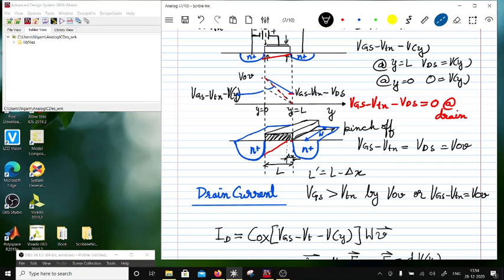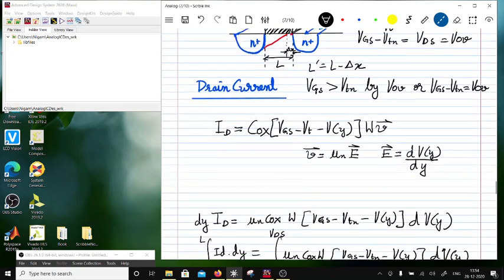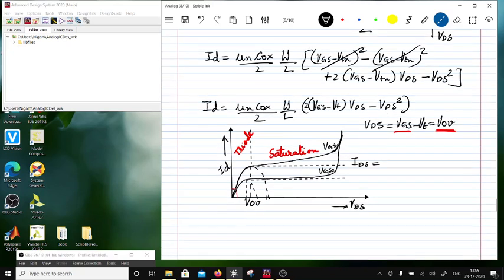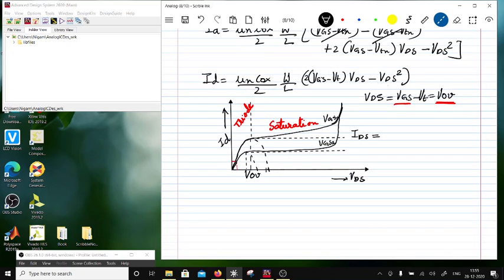First of all, the channel with a smaller VGS is going to be less deep, and if the channel is less deep, then delta X is going to be less. Because of that, if you have a smaller VGS, this slope is going to be smaller.